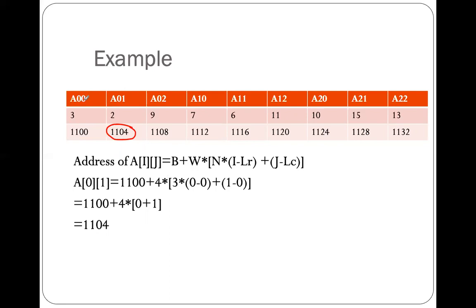This is for row, this is for column, 0 0. So 1 minus 0, obviously this will be 1. 4 into 1, that is equal to 4. So 1104 will be the address. So here we understood how row major works, and how can we calculate the address in row major. Okay, in the next video we will see how we can calculate the address in column major.